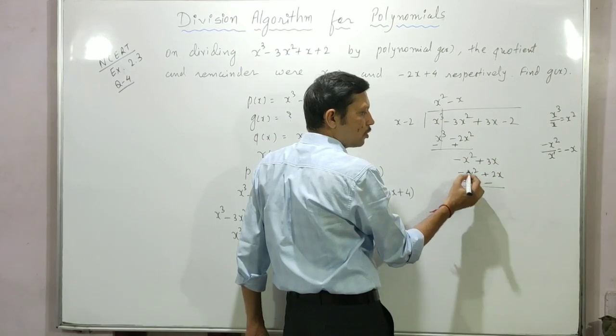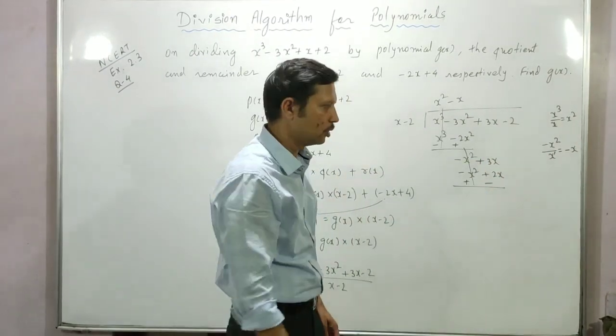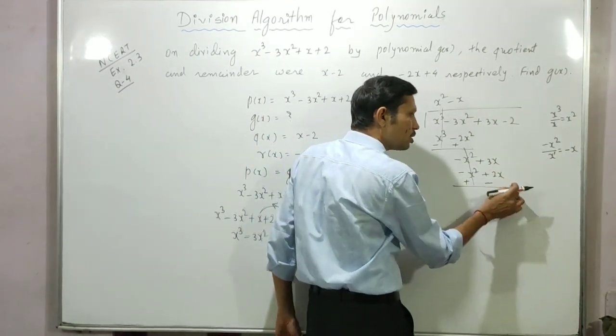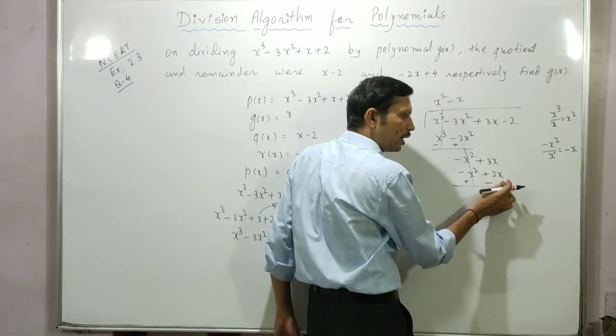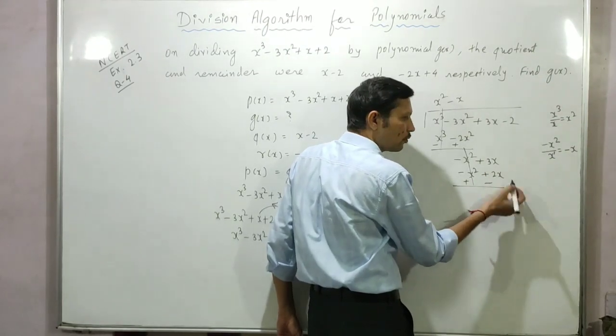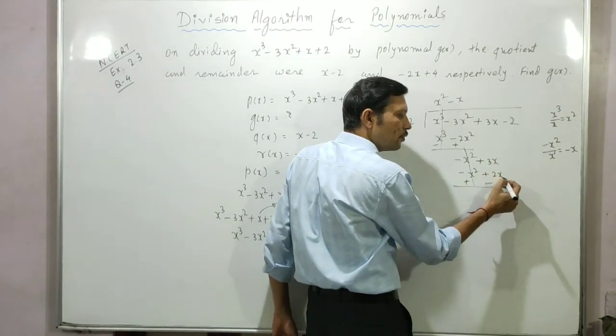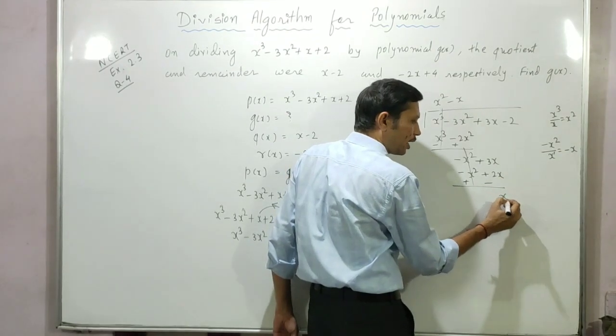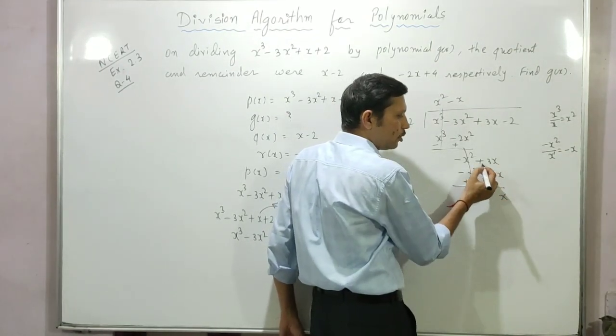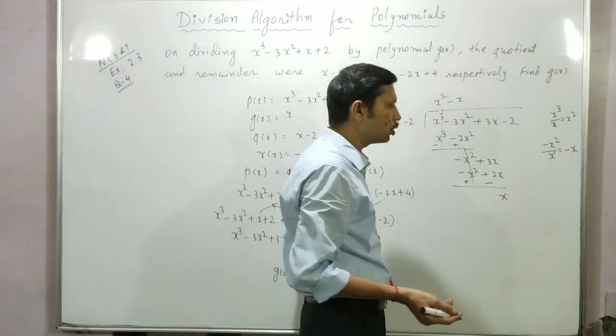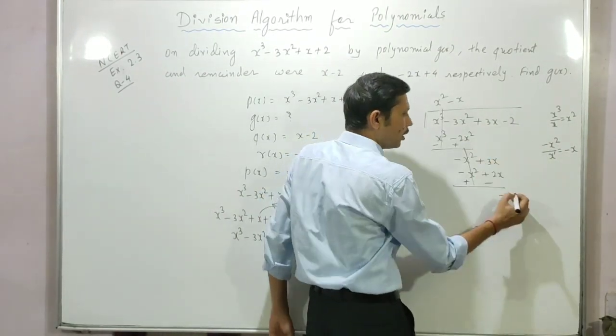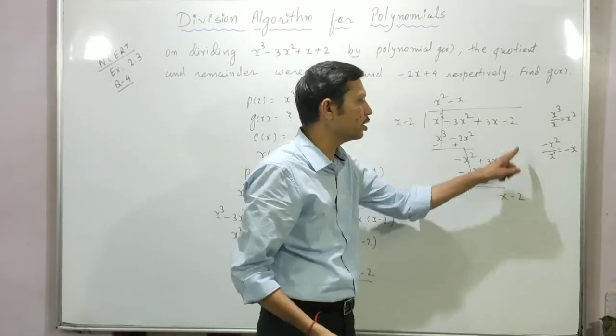This one minus x square and this one plus x square, both are cancelled out. Again these both are like terms, this one is positive and this one negative, so different signs, subtracted. From 3x, if I subtract 2x, it will be 1x, and the sign of the greater term is positive, so no need to write it. Minus 2 should be carried here.